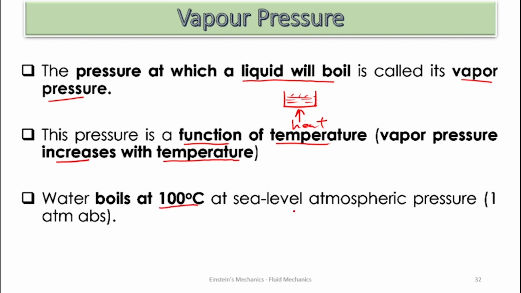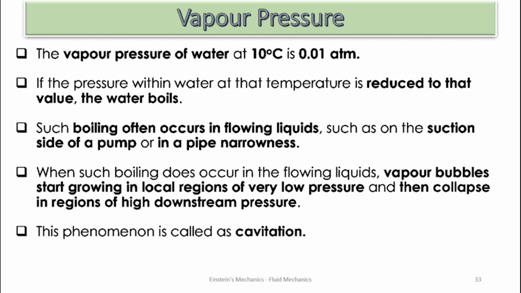Water boils at 100 degrees Celsius at sea level atmospheric pressure of 1 atmosphere. Are we good? So the vapor pressure of water at 100 degrees Celsius is what? 1 atmosphere. We will do the conversion from atmosphere to bar to Pascal. Alright, so the vapor pressure of water at 10 degrees Celsius is found to be 0.01 atmosphere. Meaning if we reduce the pressure of water to that atmosphere pressure, the water at 10 degrees Celsius will begin to what?